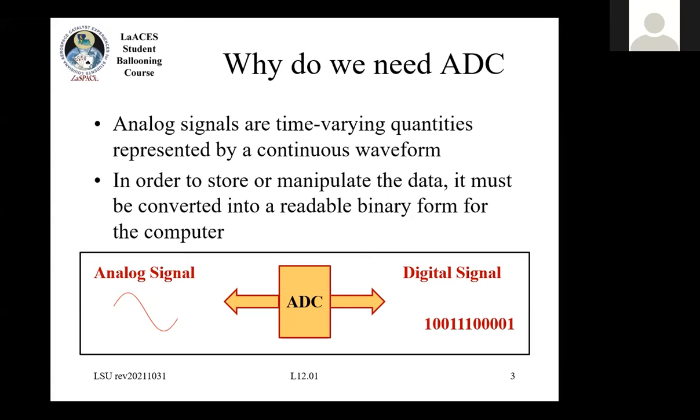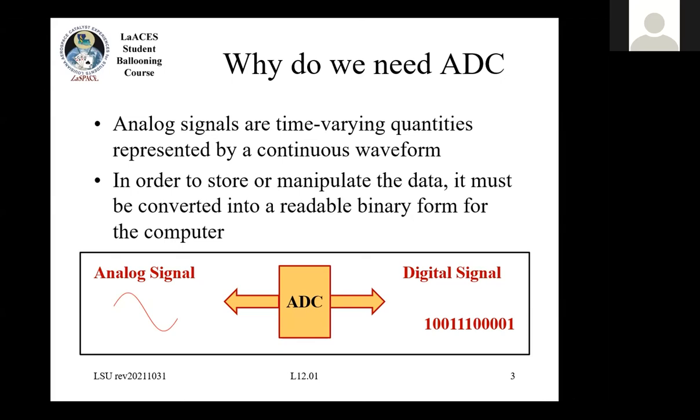But if we want to do any sort of computation, if we want to store it in a computer, if we want to write it to an SD card, if we want to display it as a number on a screen, we have to convert it into a binary form readable by the computer, right?